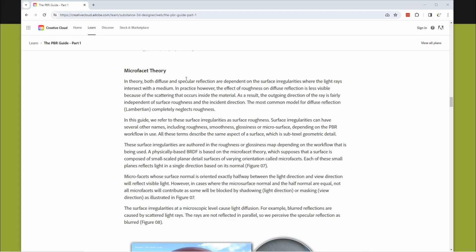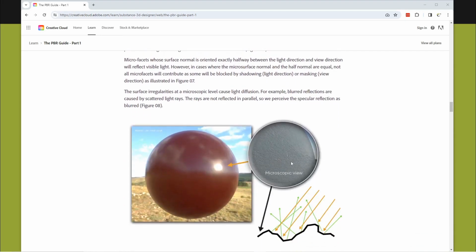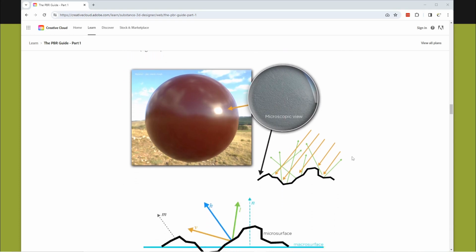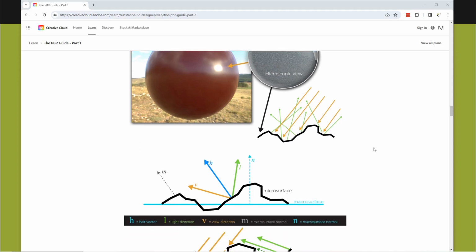So in microfacet theory, basically the surface is not a perfectly flat surface. What you have is microscopic bumps on the surface. So with these microscopic bumps, where the incident ray comes in, the reflected ray off of that surface goes all over the place.